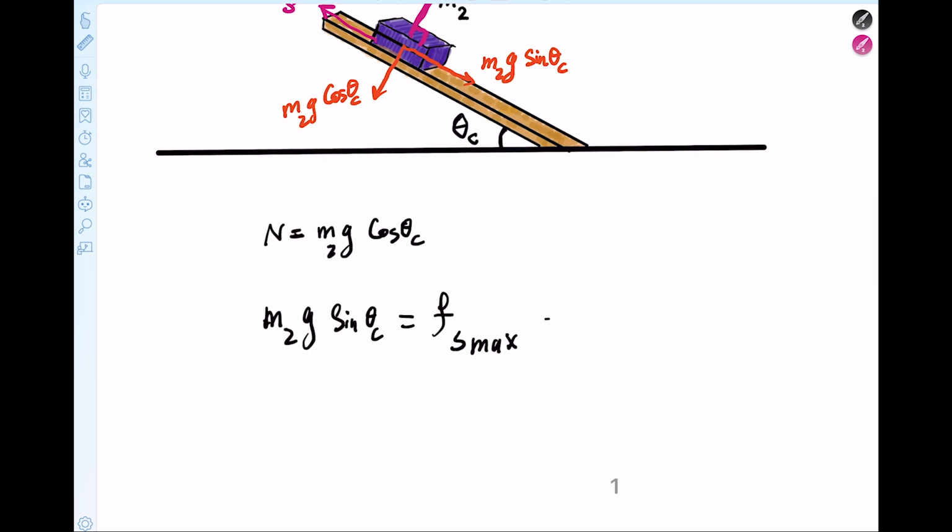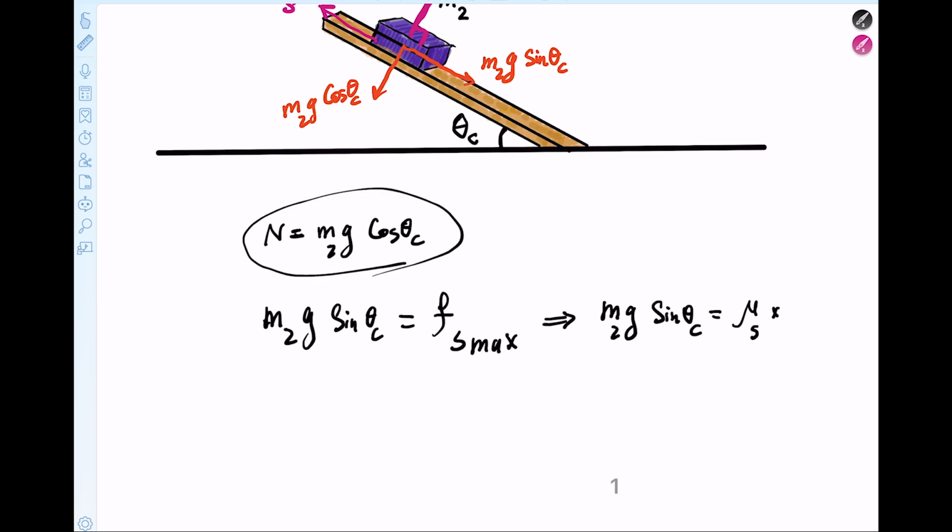So I have M2G sine theta C equals Fs max, which is mu s times N, but I already found N here. N is M2G cosine theta C.